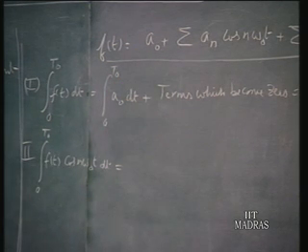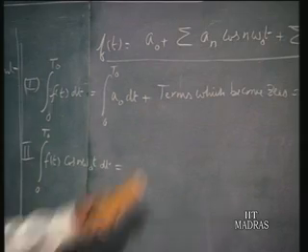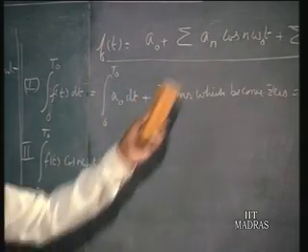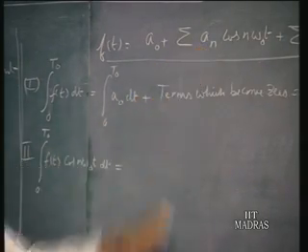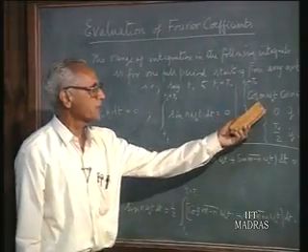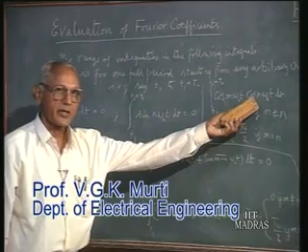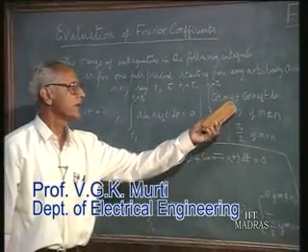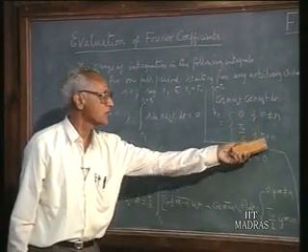Obviously, a naught multiplied by cos n omega naught t over a complete period will vanish, and every one of these terms will also vanish except for the term which involves index n, because we have seen earlier that if you take the product cos m omega naught t and cos n omega naught t and integrate, this will yield a non-zero result only if m equals n.